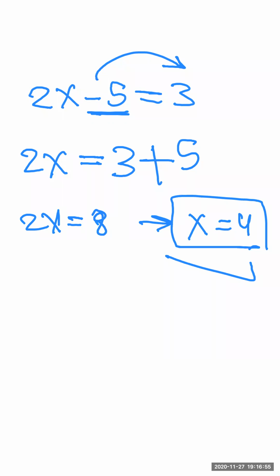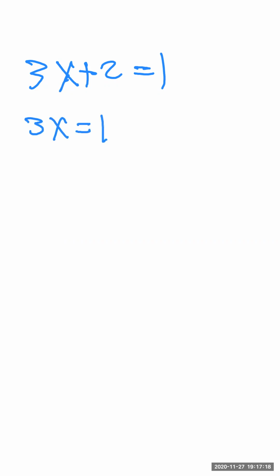Okay, so now let's solve one or two examples like this. Find the solution set of each of the following equations, then represent the solution on the number line. 3x plus 2 equals 1. So 3x will equal 1, shifting this term to the other side with a different sign, 1 minus 2.